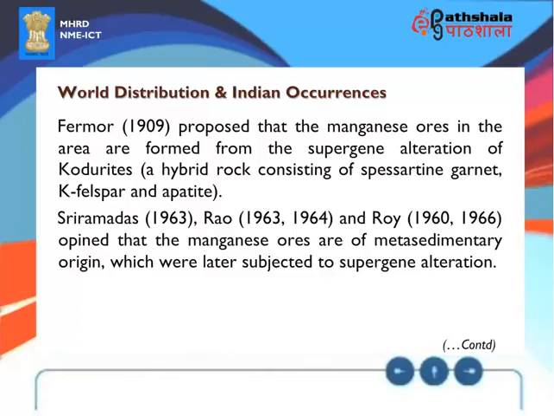Sriramadas, 1963, Rao, 1963 to 1964, and Roy, 1960 to 1966, opined that manganese ores are of metasedimentary origin which were later subjected to supergene alteration.